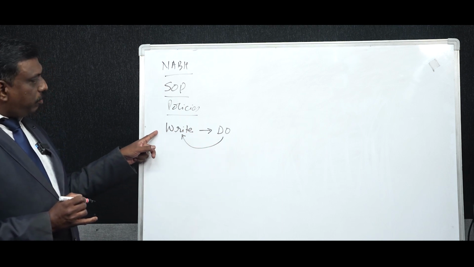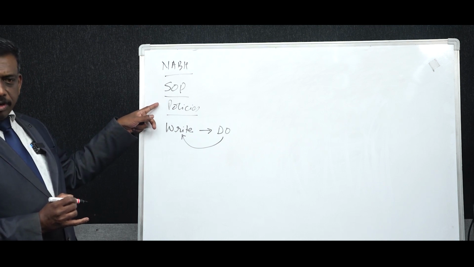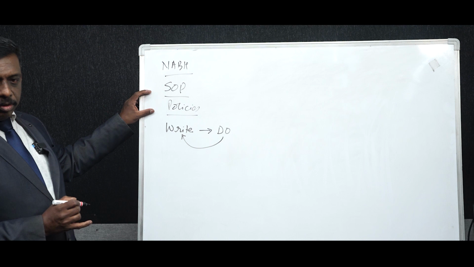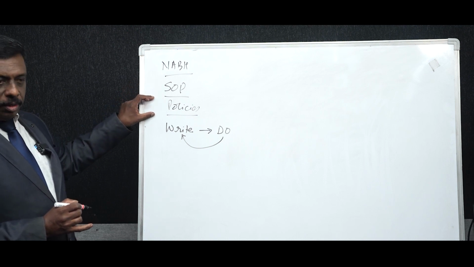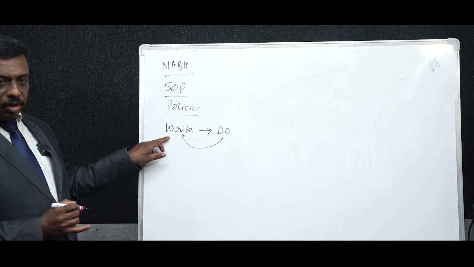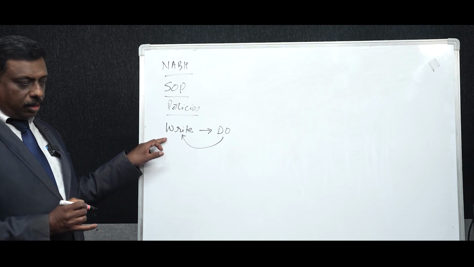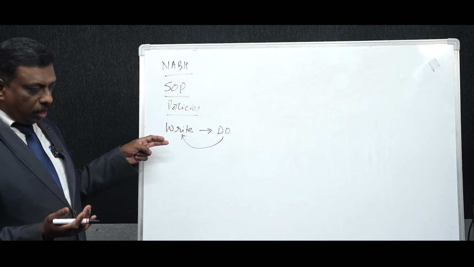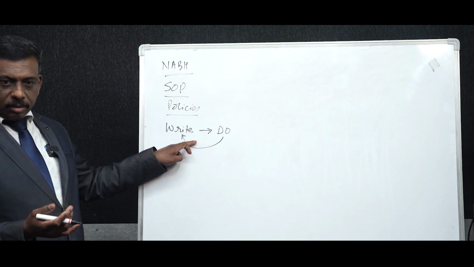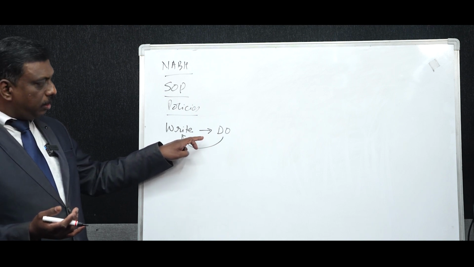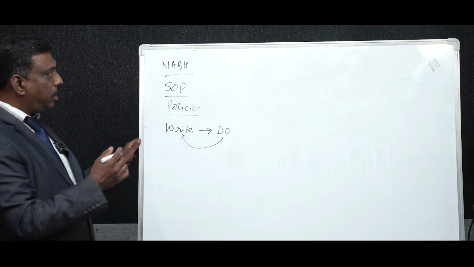So what do we write? We write the SOPs and policies for everything. Whatever activity you are doing in the hospital, you first write it down and make SOPs and policies. Once you write it, then you train your staff. You write it in discussion with your staff, and once you write it, your staff has to do what is written.